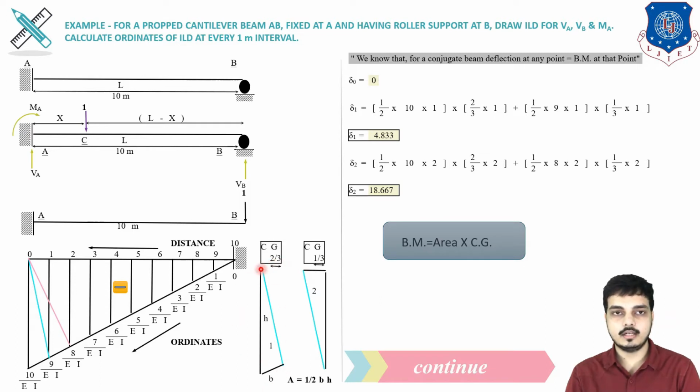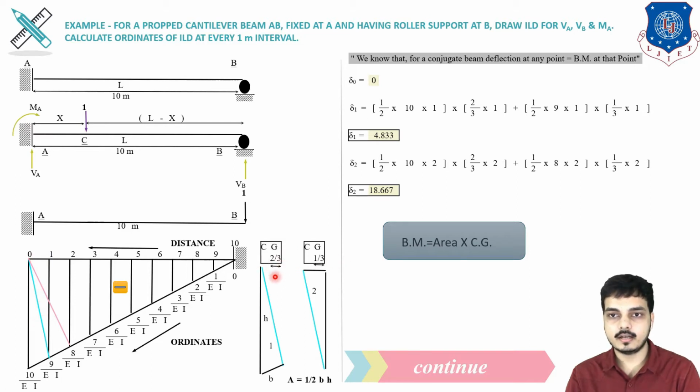Now this is my triangle number 1. For that, area is nothing but 1/2 into base into height. Here my height is 10, so I have considered 1/2 into 10 into 1. This is my area. Multiply by the CG: while standing over here, we have to check how much CG is over this point.